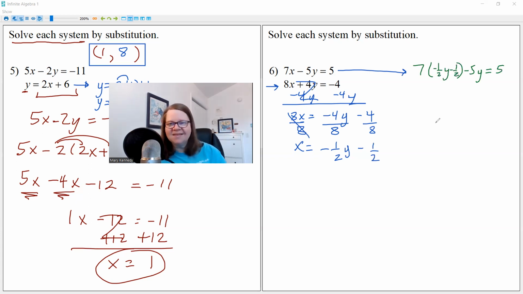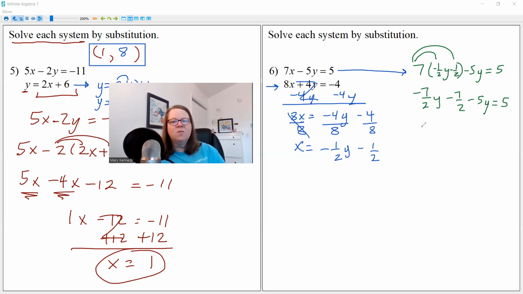And we don't like fractions. They're not fun, but it is realistic that you're going to have to deal with them. So let's see if we can do this. 7 times negative 1/2 is negative 7 over 2 y. You're just multiplying across the top and across what would be the denominator. So negative 7 over 2 y minus 5y equals 5.